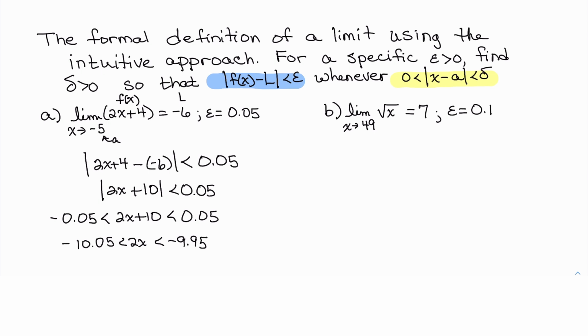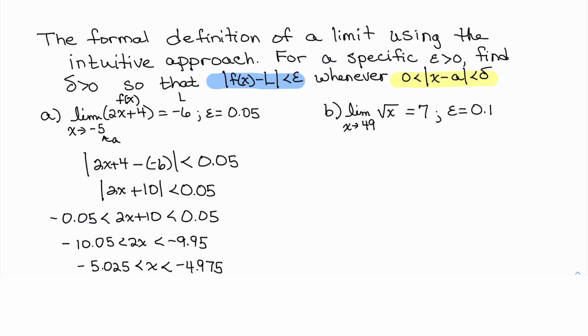Now I'm going to divide all three parts by 2. So negative 10.05 divided by 2 gives me negative 5.025, which is less than x, which is less than negative 9.95 divided by 2, which is negative 4.975.